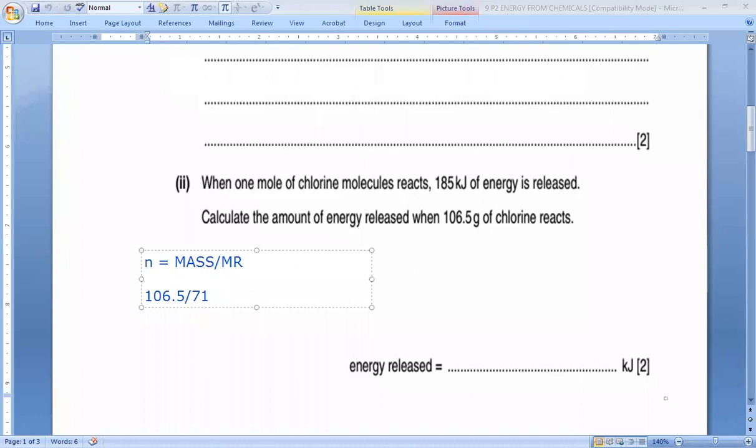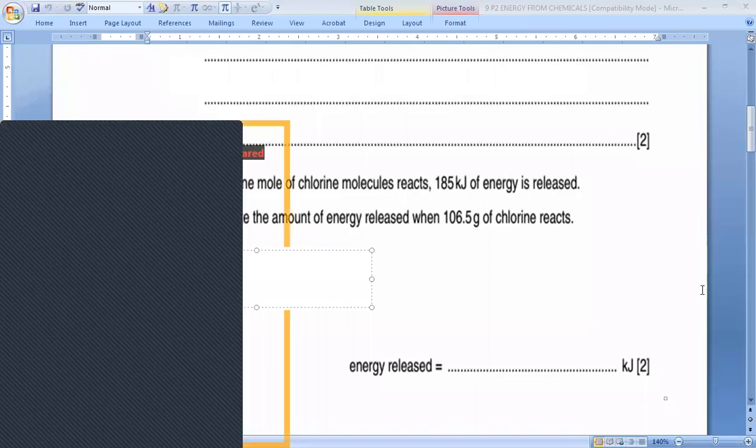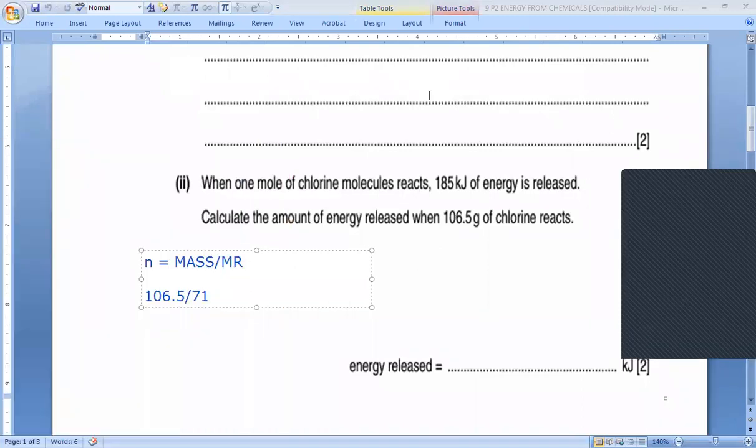So when you use the calculator, 106.5 divided by 71, the answer is 1.5 mole.